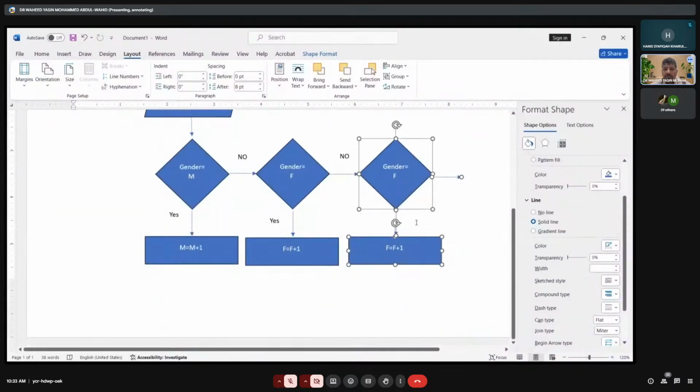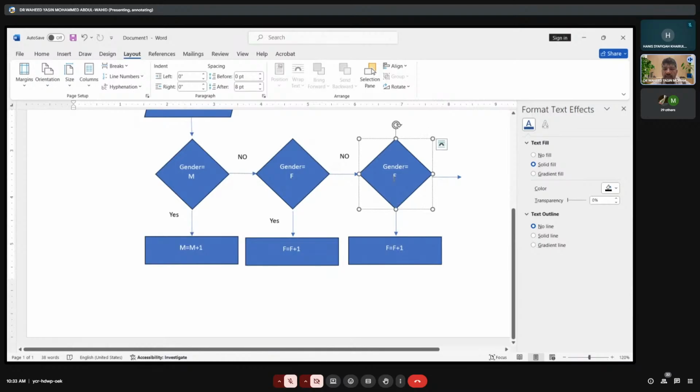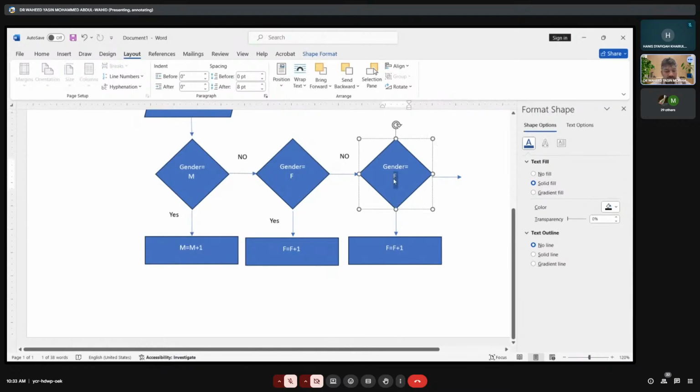If no, if gender equal X, what do I have to do? If yes, print.